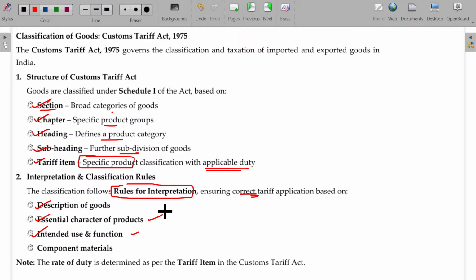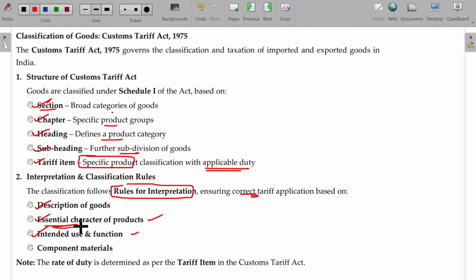So what about the bag specially meant for the camera? That's considered as a camera only. As per this, what is the essential character of the product? It's a bag for camera, so it's a camera. Such a clarification may also be required, but of course not required. But here you need to understand how you can interpret the goods classification. Description of the goods: bag. Next, what's the essential character of the bag? To cover or protect the camera, then it's a camera only.